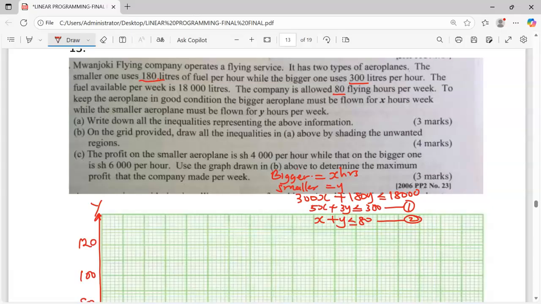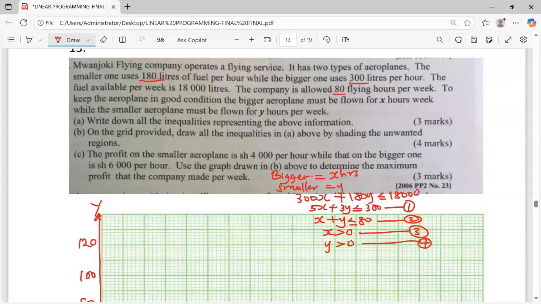We have also been told that to keep the aeroplane in good condition, the bigger aeroplane must be flown for X hours. That one has already been done. So those are the two inequalities. Then we include the non-negative functions where X is greater or equal to 0 as the third inequality, and Y greater or equal to 0 as the fourth inequality.